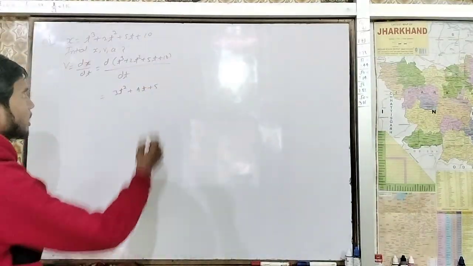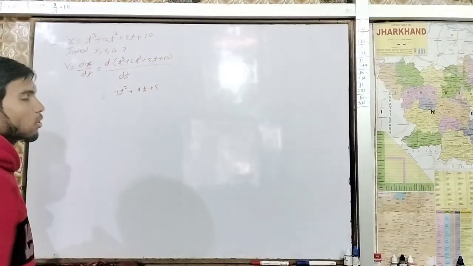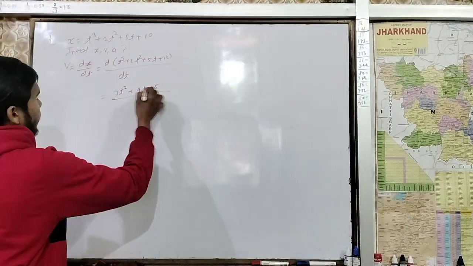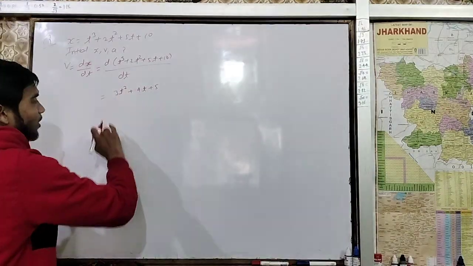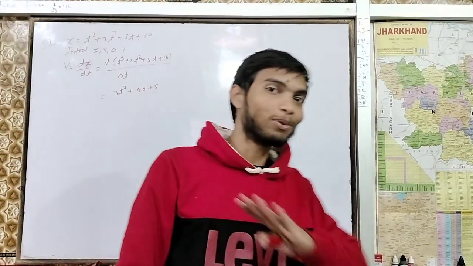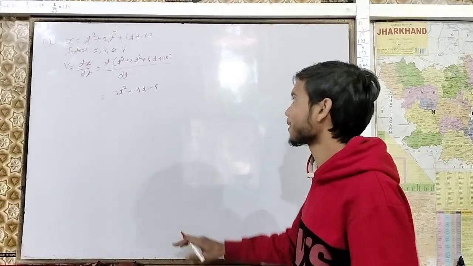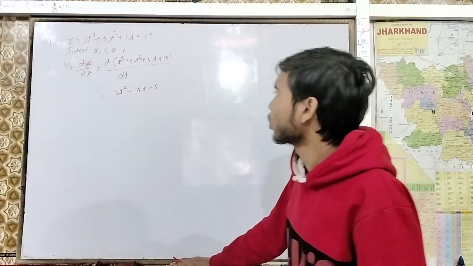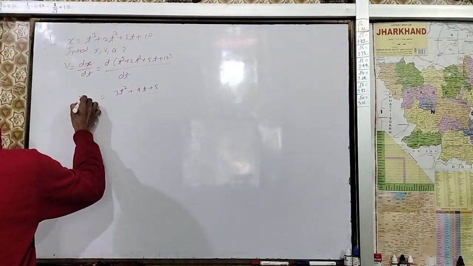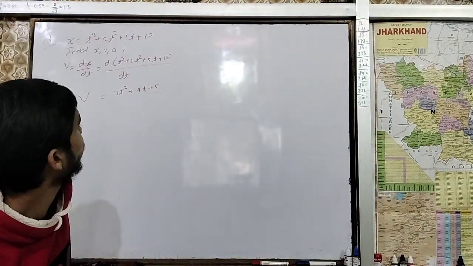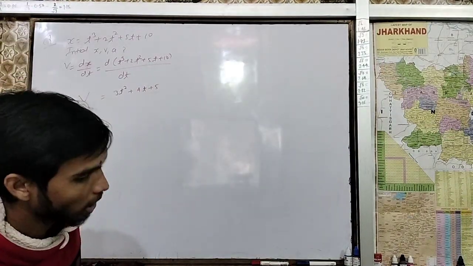The differentiation of a constant number will always be 0. Now we got v as 3t square plus 4t plus 5.